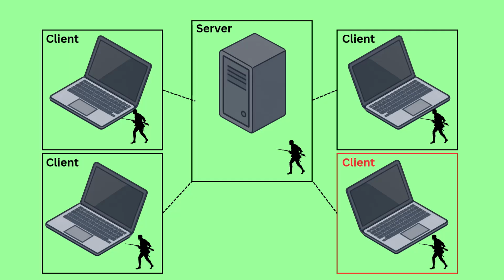Now, when the client presses the W key to move the character, they actually send a message to the server saying I pressed the W key. Then the server runs the simulation and determines the character position. After that, it broadcasts the new position to all the clients, and all the clients move to that new position.